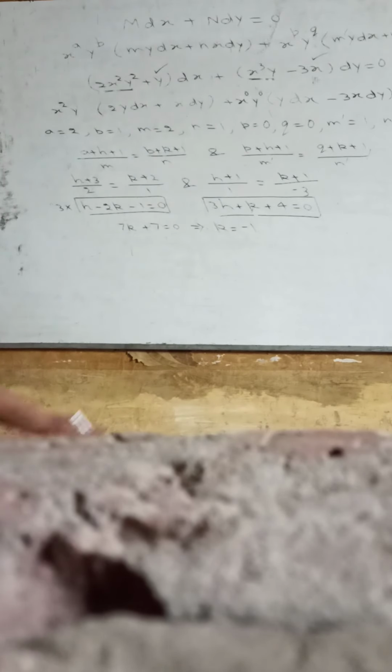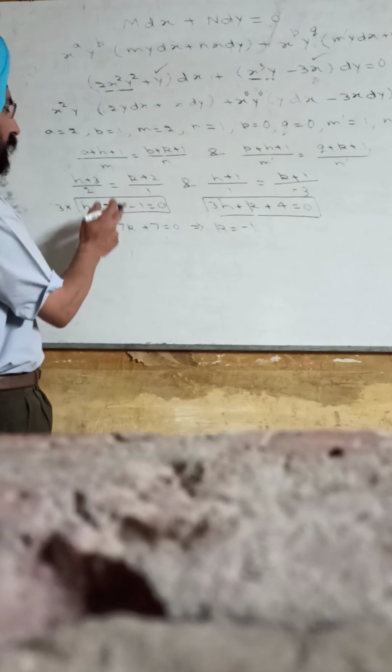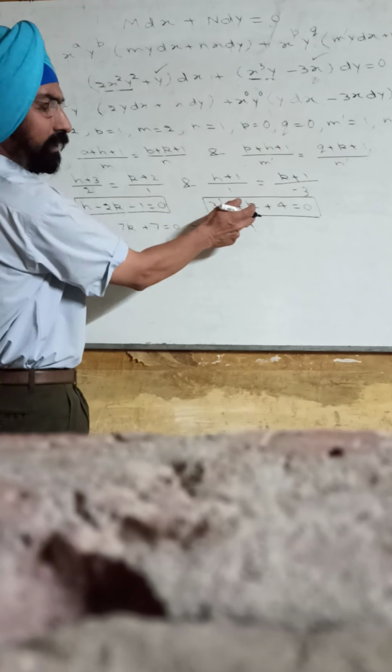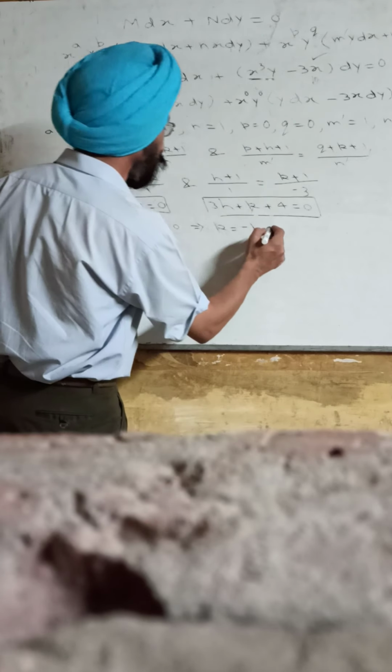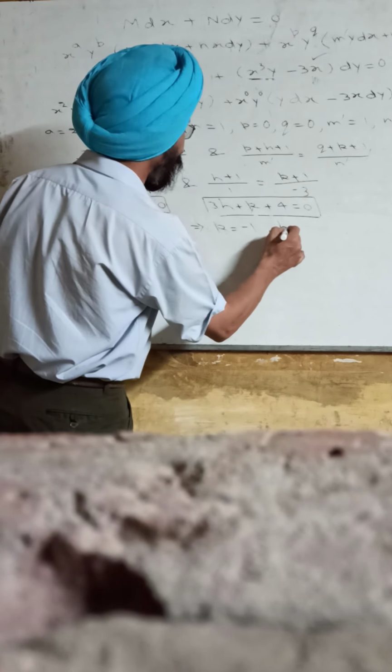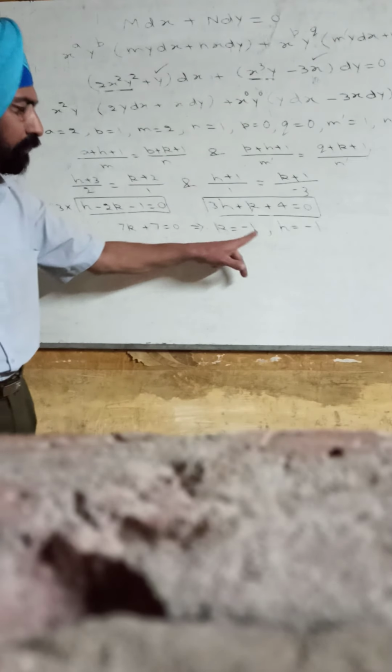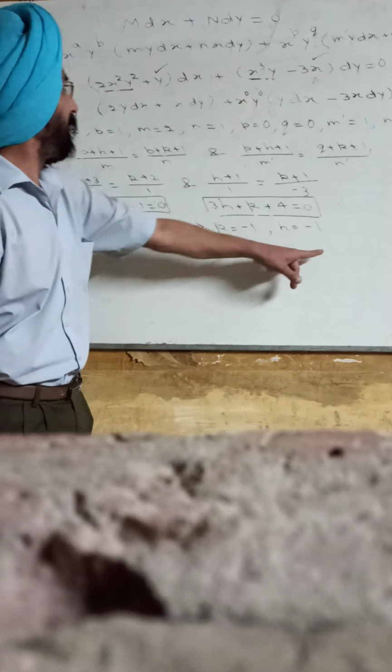And substituting the value of k is equal to minus 1 in either of these two equations, suppose you put it here, this will become 3h plus 3 is equal to 0, means h is also equal to minus 1. Your k is minus 1, your h is minus 1.